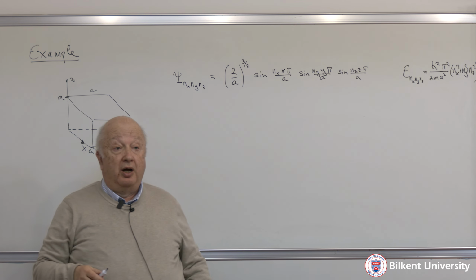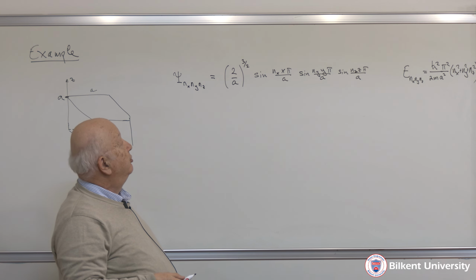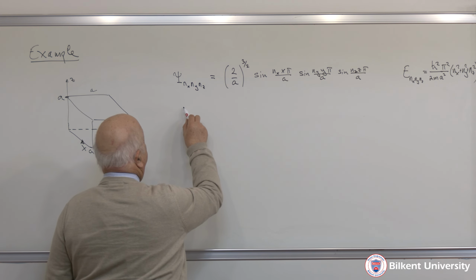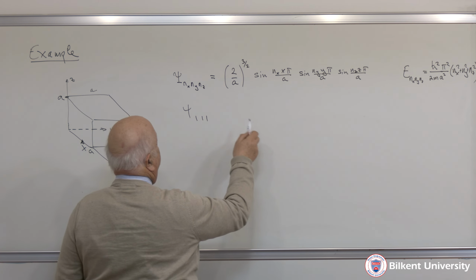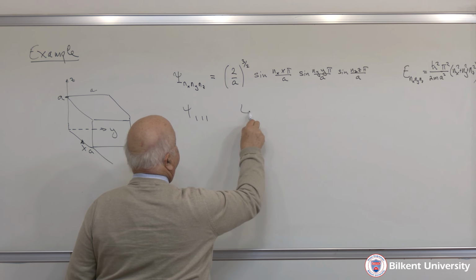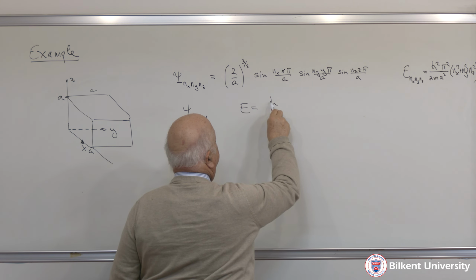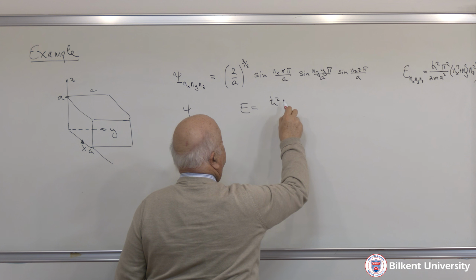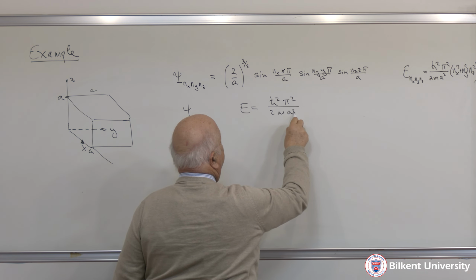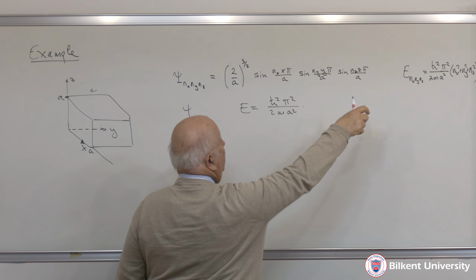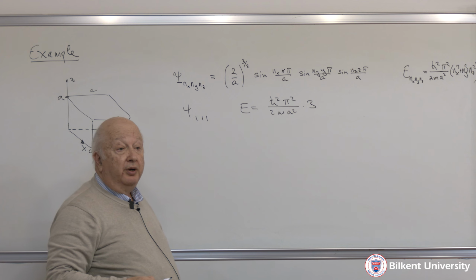So those are the energies. Now, there will be a ground state. The ground state is going to be psi 111, and its energy is going to be h bar squared pi squared over 2m a squared, and 111 means I'll get a factor of 3.